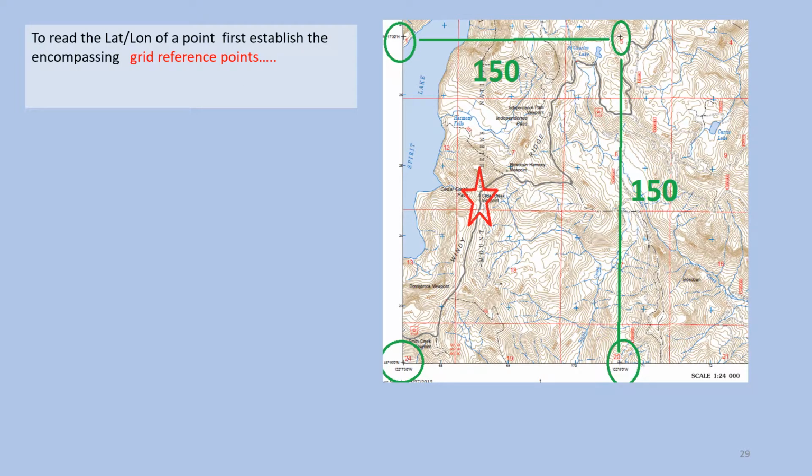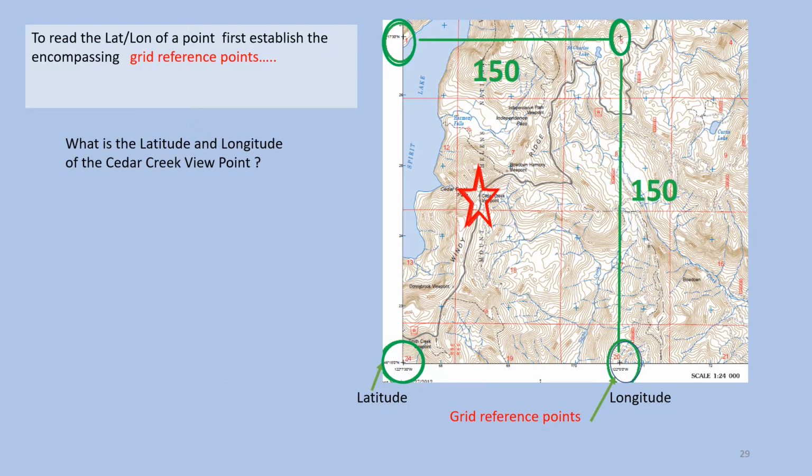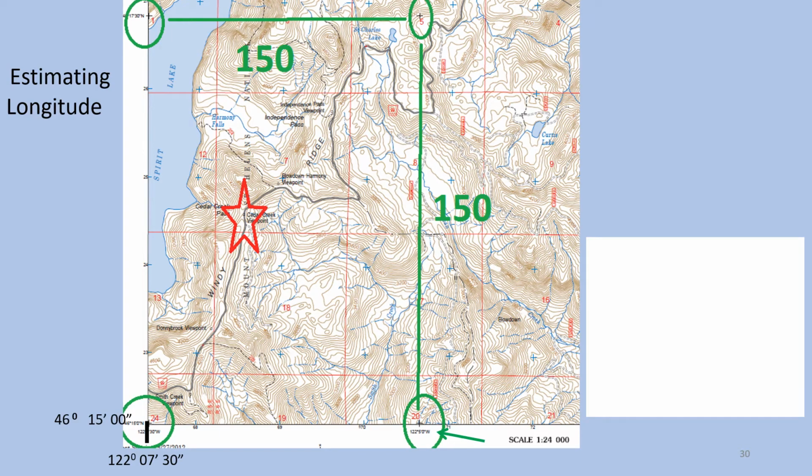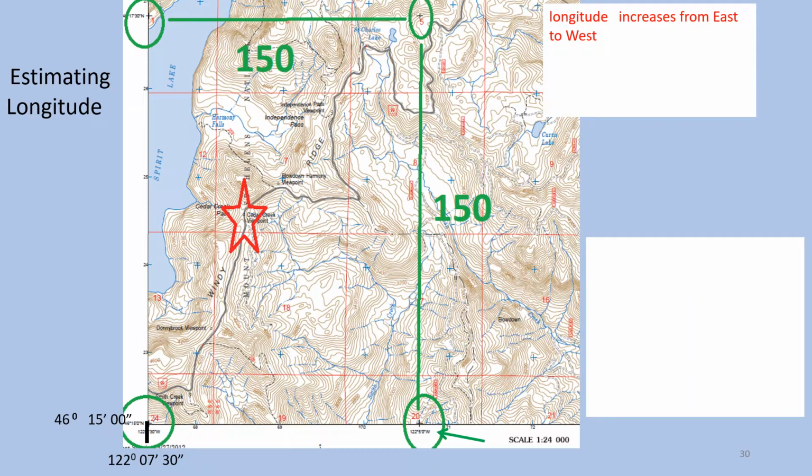To read the latitude and longitude of a point, first establish the encompassing grid reference points. Box the point. To estimate the longitude of a point, we need to estimate the angular distance from our reference point.